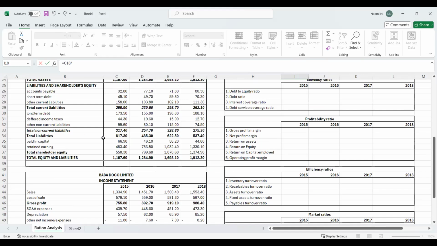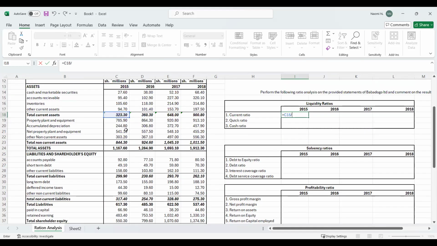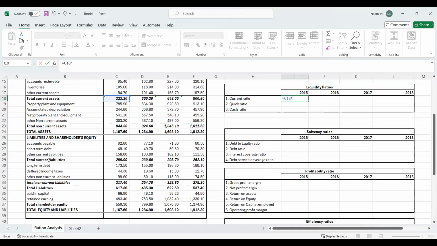Don't worry, I'll attach the documents in my video on YouTube so that you can be able to access it. So we have the current asset divided by the current liabilities. Where are the current liabilities?